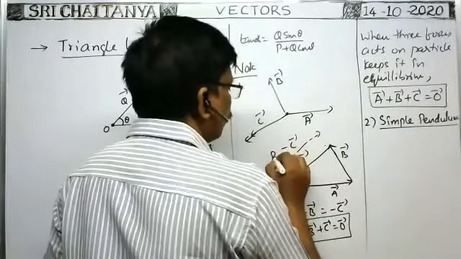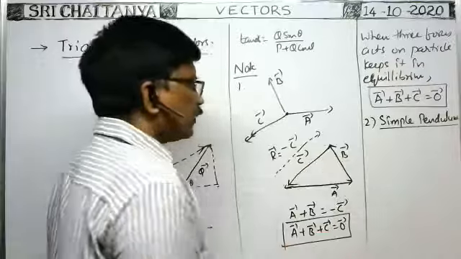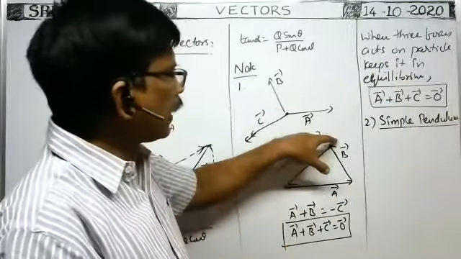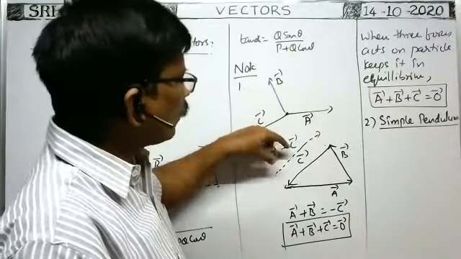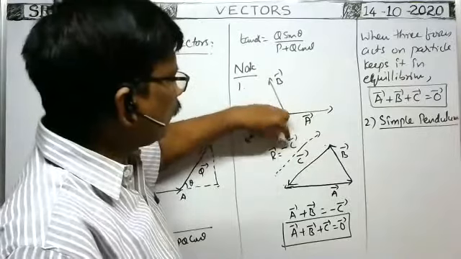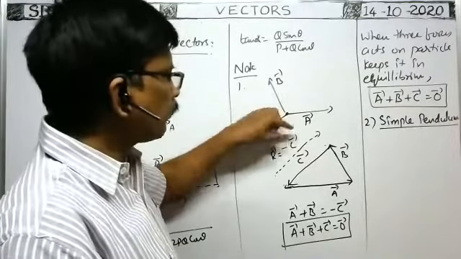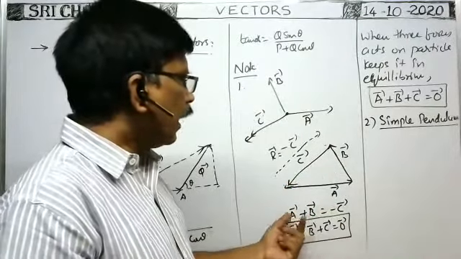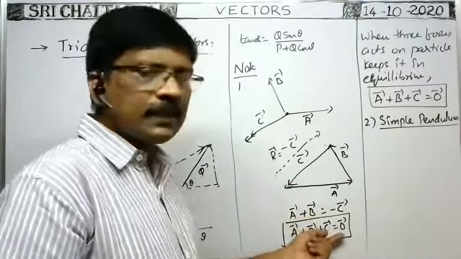Actually, the resultant of two vectors, A bar plus B bar, is equal to R bar. R bar is in this direction. That R bar is equal to, as C bar is in this direction, reversing the direction it becomes minus C bar. That's why R bar is equal to minus C bar. So A bar plus B bar is equal to R bar, which is equal to minus C bar, or A bar plus B bar plus C bar is equal to 0 vector.